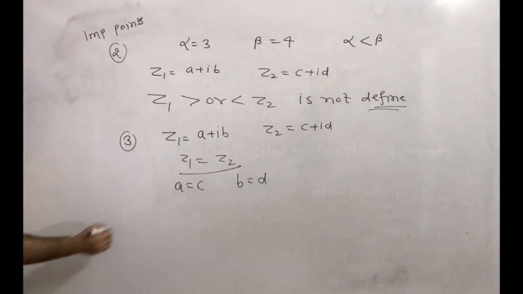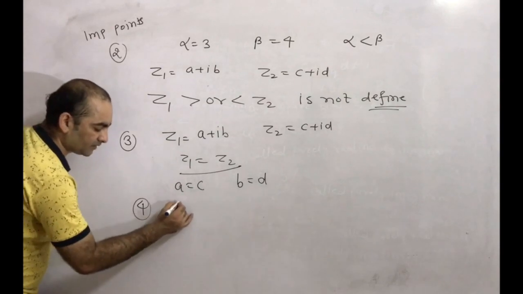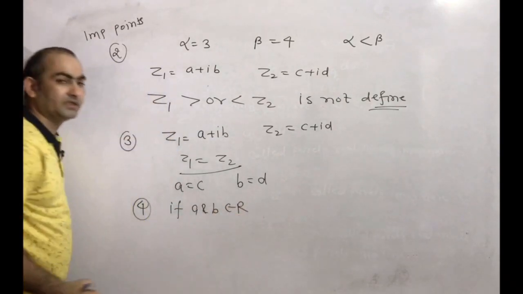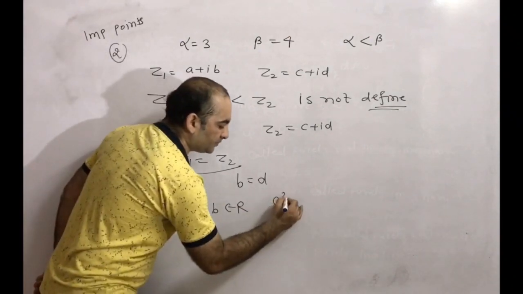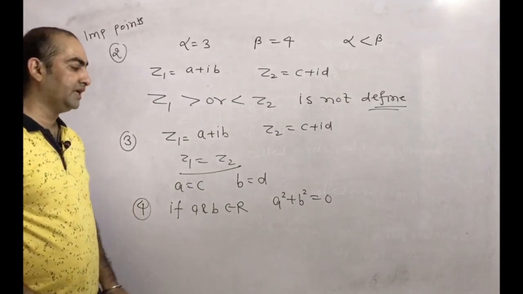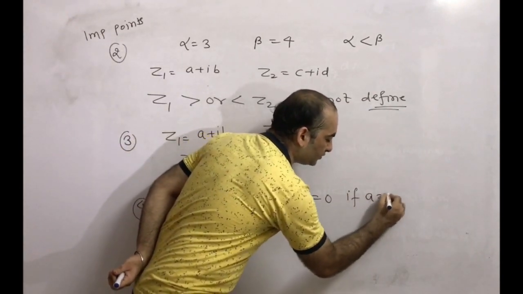Next is the fourth point. If a and b belong to real numbers and a square plus b square equal to 0, it is only possible if a equal to b equal to 0.